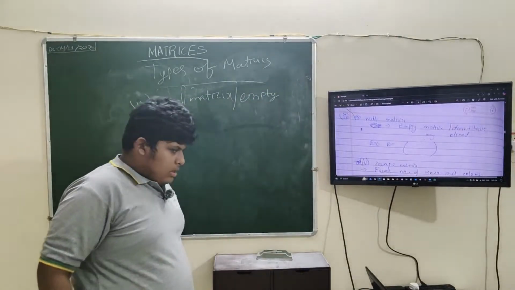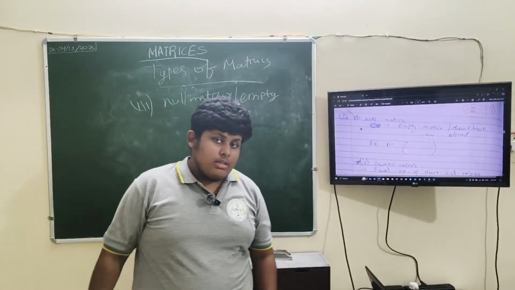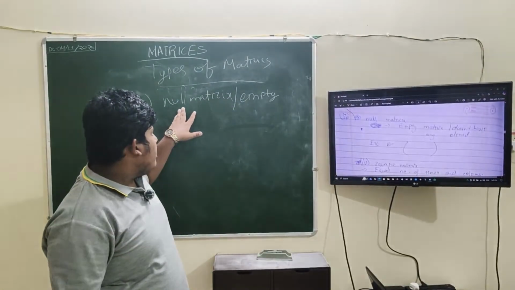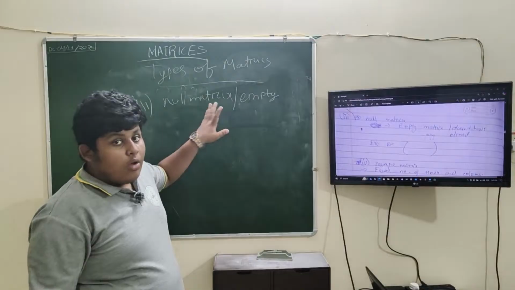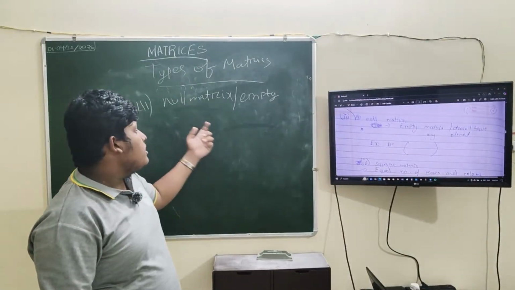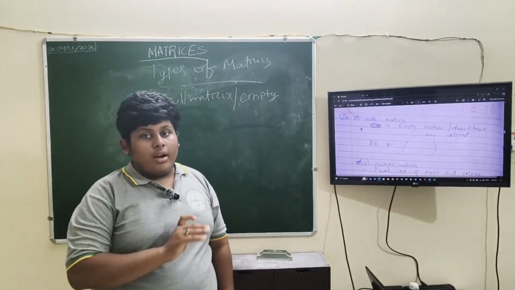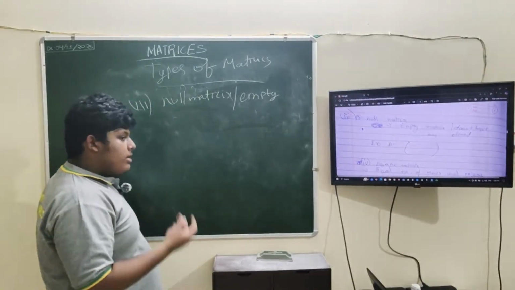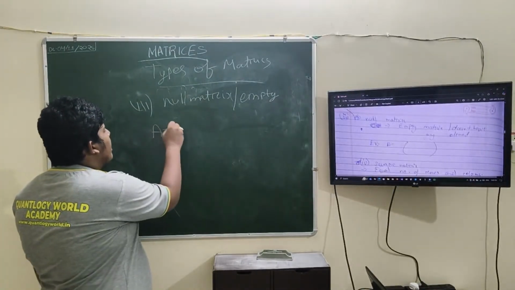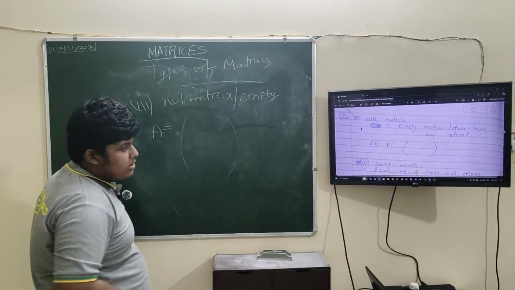We have already studied the chapter on sets. In that chapter, we also came to know about the null set. The null set represents the empty set, the set that contains no elements. In the case of matrices it is the same: the matrix which contains no elements.